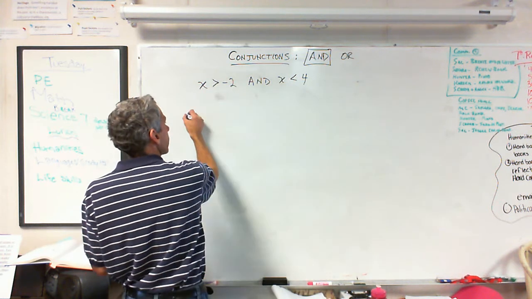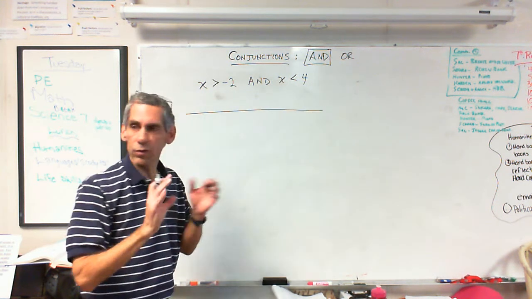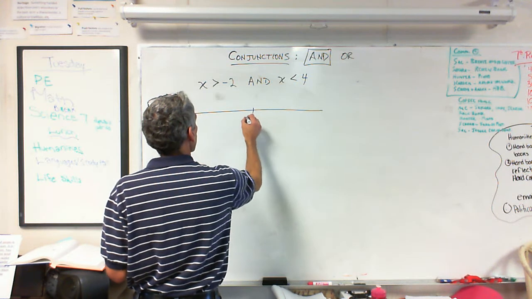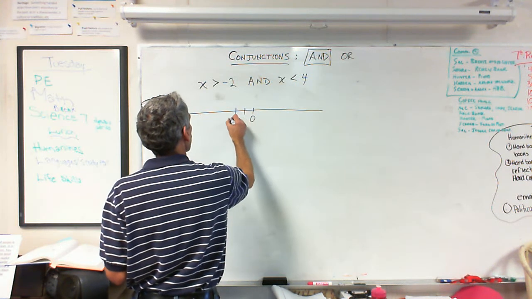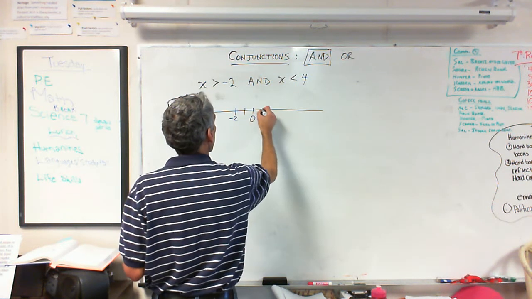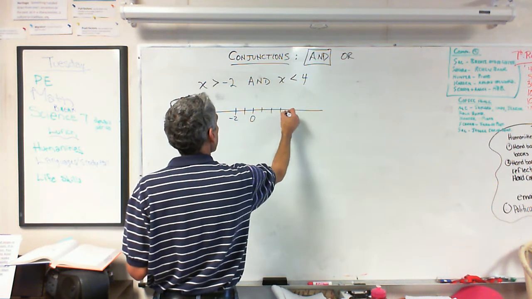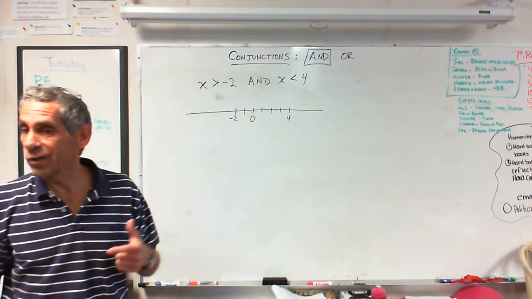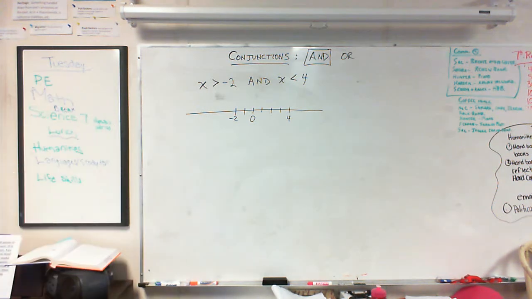So let's think about this for a second. What are our two endpoints? -2 and 4. So we got a 0 here, we got -1, -2, and we got 1, 2, 3, 4. That's 4. Now, do I do solid circles or open circles? Why do I do a solid circle or open circle?